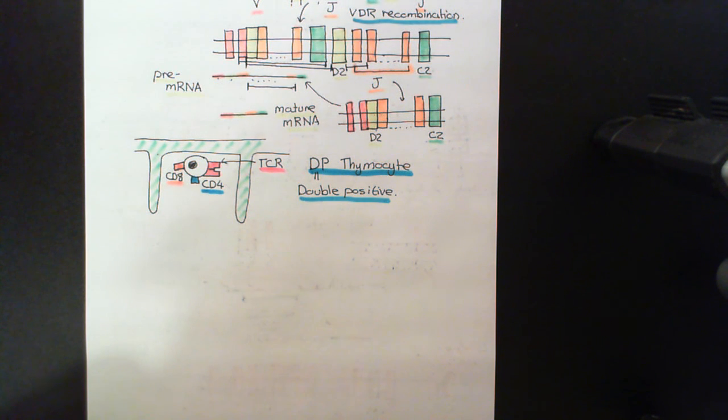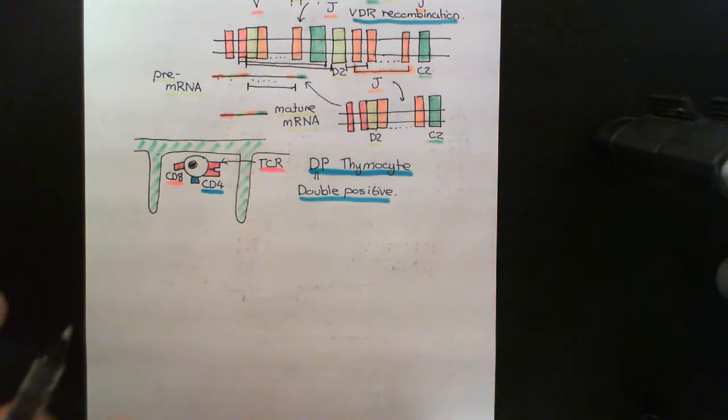Secondly, we want to make sure that it's not going to bind too strongly to MHC complexes which have peptide fragments from proteins of your own body, because that could then possibly lead to an autoimmune adaptive immune response, and that would be very dangerous. So we need to make sure that this T-cell receptor firstly has some function at all, and secondly that its function isn't going to lead to autoimmune responses.